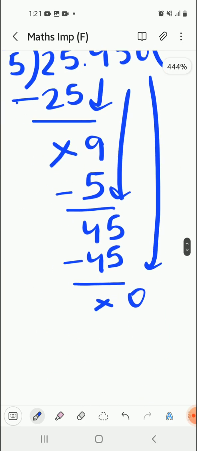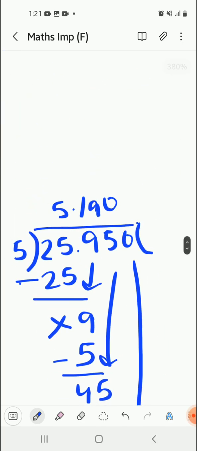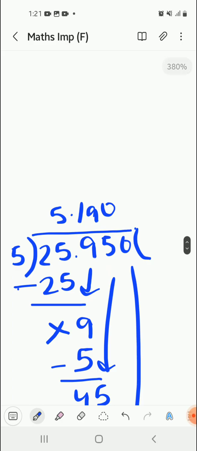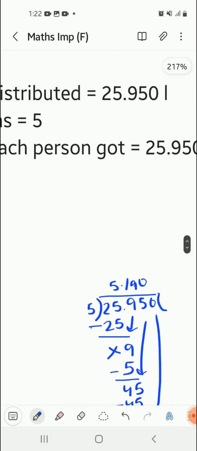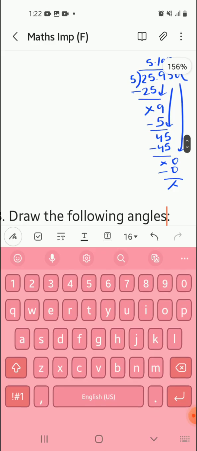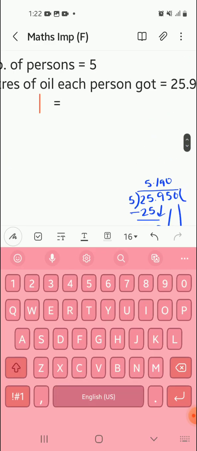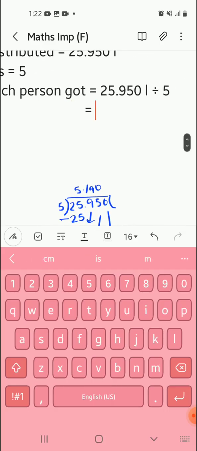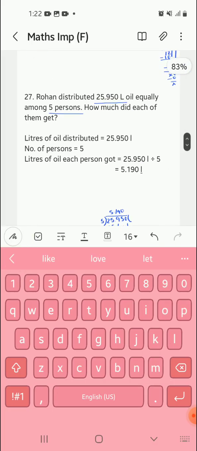So 0 into 0 cancelled out. So in this case we have found out the answer. 25.950 divided by 5. It's coming to 5.190. So we'll write down the answer. 5.190 liter. That is it.